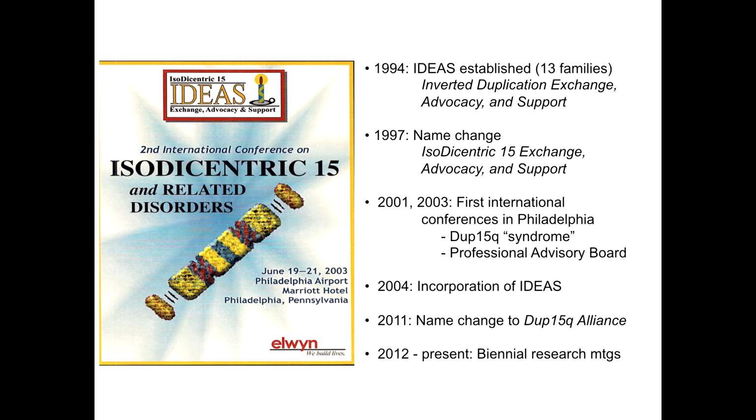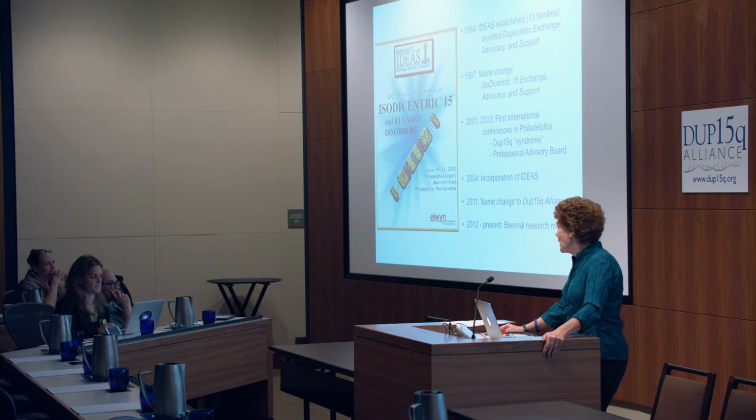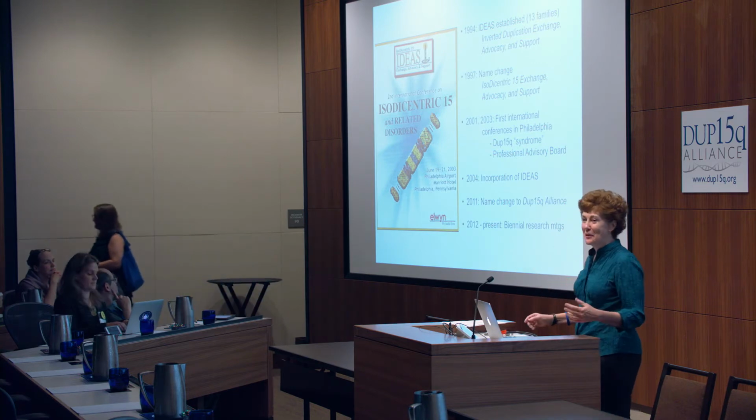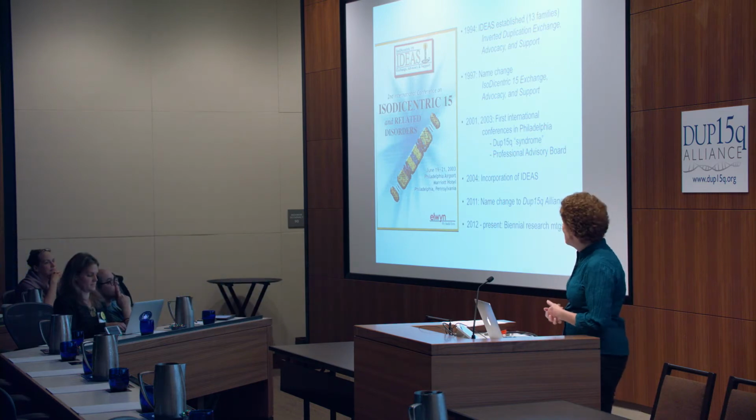And she and I were combing the literature and looking in parent magazines, like Exceptional Parent Magazine, to see, are there other parents out there who have kids with this after a child was diagnosed? We didn't have the internet quite yet then, so everything we were doing was sending letters and calling and trying to get a fledgling group of families together. Boy, it's so much easier now to form a group.